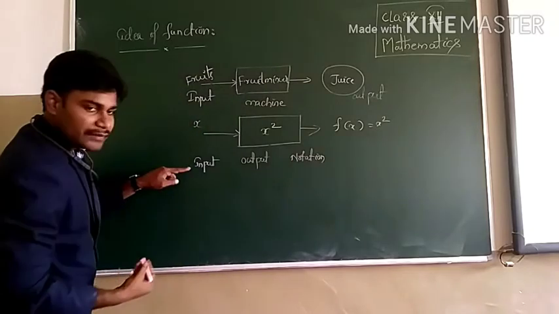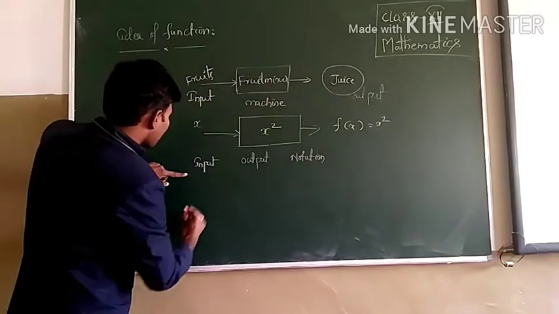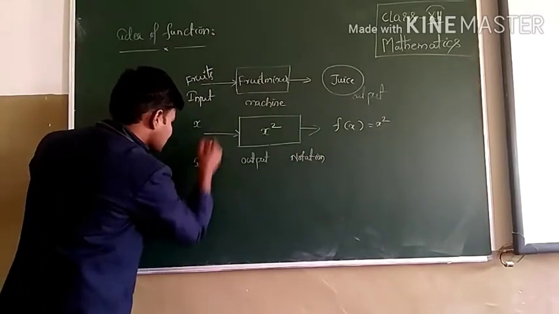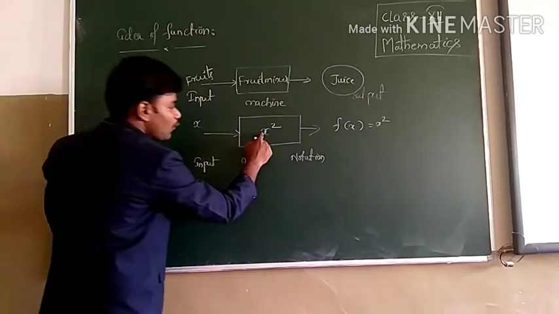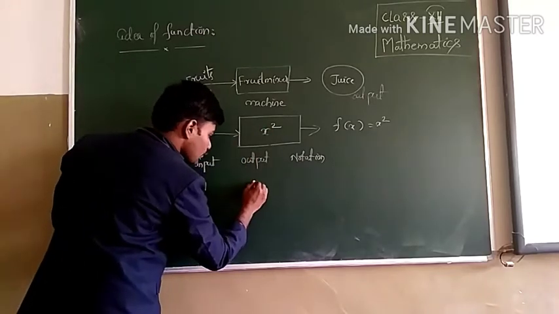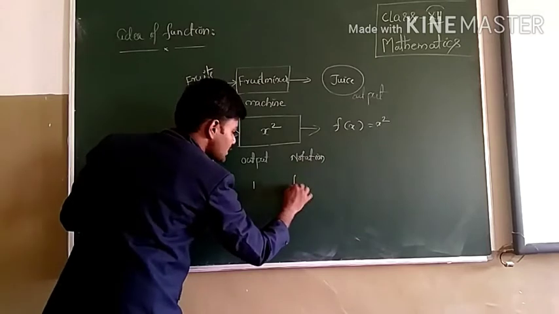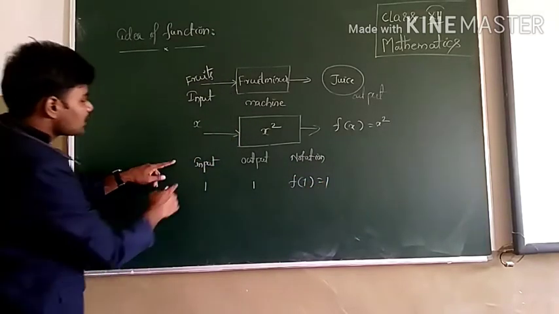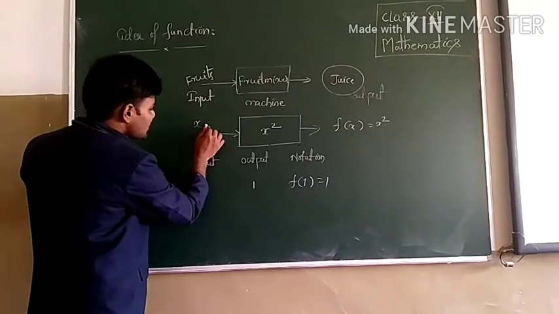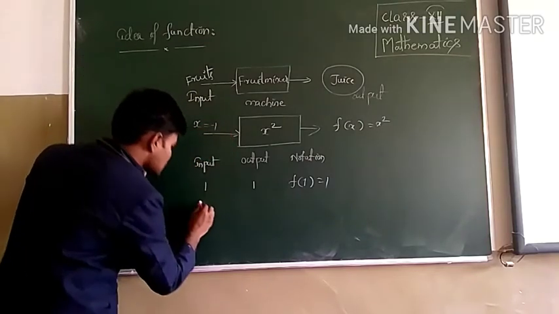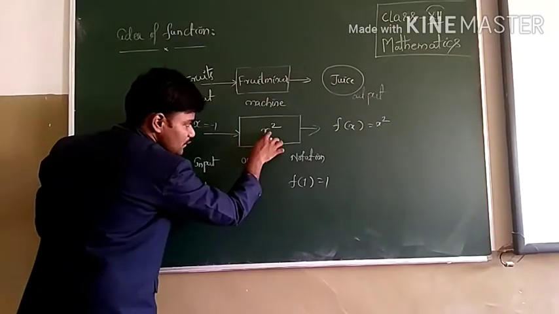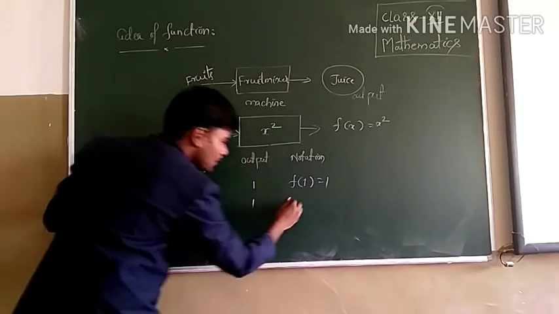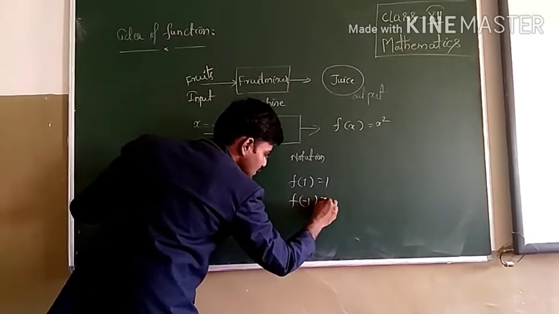So here, if I give 1 as an input for x, then 1 square is equal to 1. So f of 1 is 1. Next, if I give input as minus 1, x is equal to minus 1, minus 1 whole square again is 1, then f of minus 1 is equal to 1.